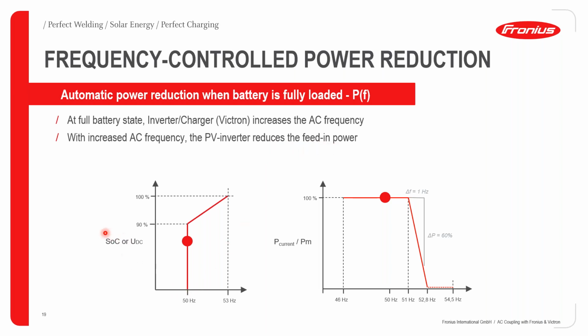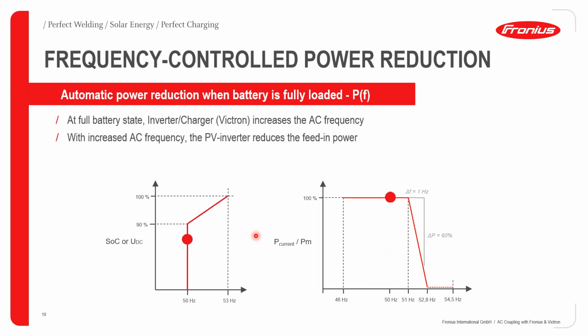As you can see in this representation, here we have the state of charge of the battery, and on this scale, we have the frequency that the battery inverter is operating the grid at. The next chart shows us the amount of power that is available from the Fronius inverter, and the behavior of power production depending on the frequency.